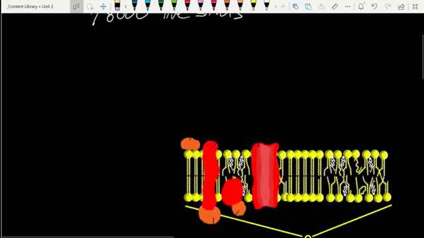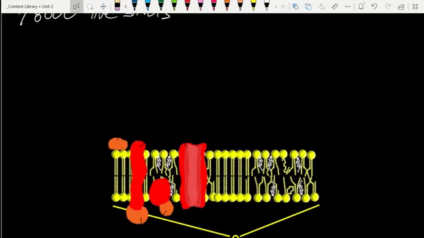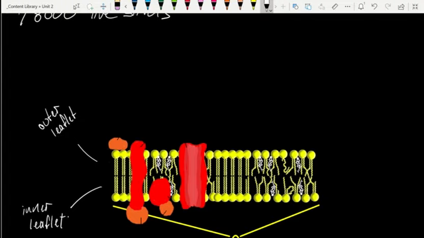To do so, let's take a glimpse of the membrane. This is an outer membrane. You can see how it's constituted, where we've got an outer leaflet, an inner leaflet, and each leaflet consists of phospholipids. And then we've got a lot of proteins.